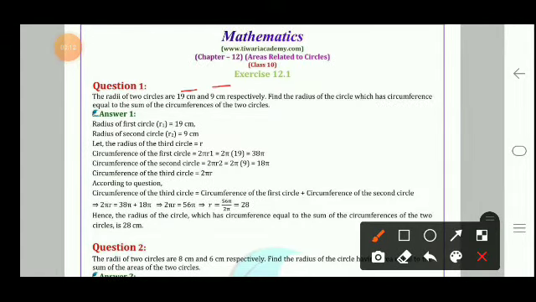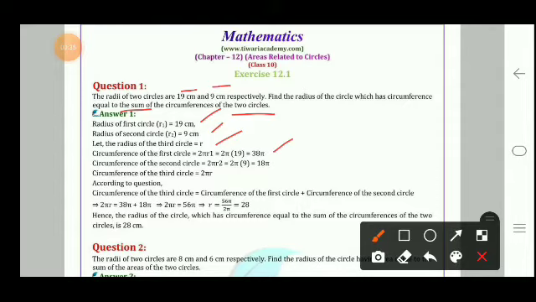Find the radius of the circle which has a circumference equal to the sum of the circumferences of the two circles. So the radius of the first circle R1 is 19, the radius of the second circle R2 is 9 centimeter. Now let the radius of the third circle be small r. Circumference of the first circle is 2 pi R1, that is 2 pi into 19, that is 38 pi.